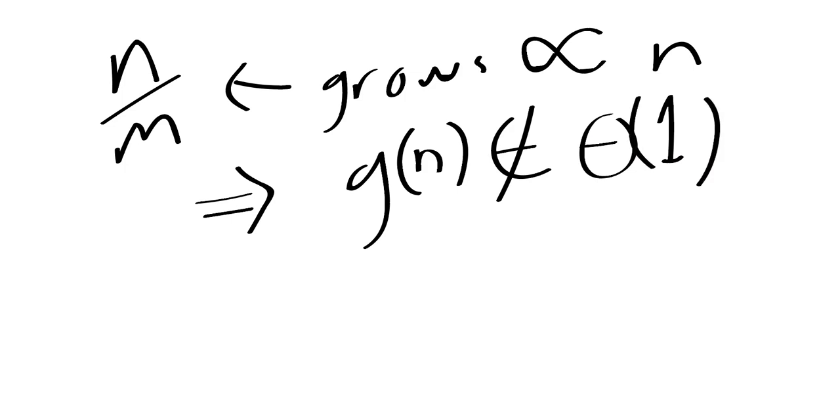We don't have constant time, and this g of n represents the running time of our implementation of our algorithm.